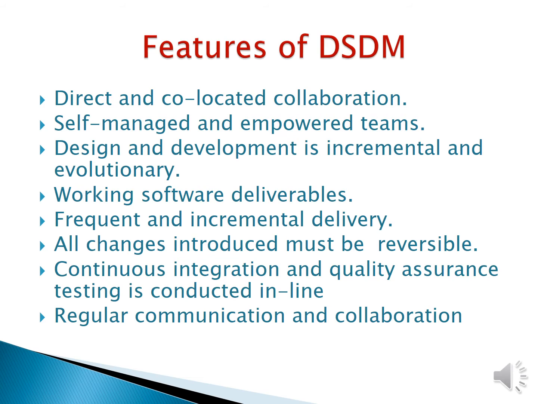The requirements are planned and delivered in short, fixed length time boxes, also referred to as iterations, and requirements for DSDM projects are prioritized using the MoSCoW rule, which is as follows: M, that is the must have requirements, S is the should have if at all possible, C is the could have but not critical, and W, that is the would not have this time but potentially later.